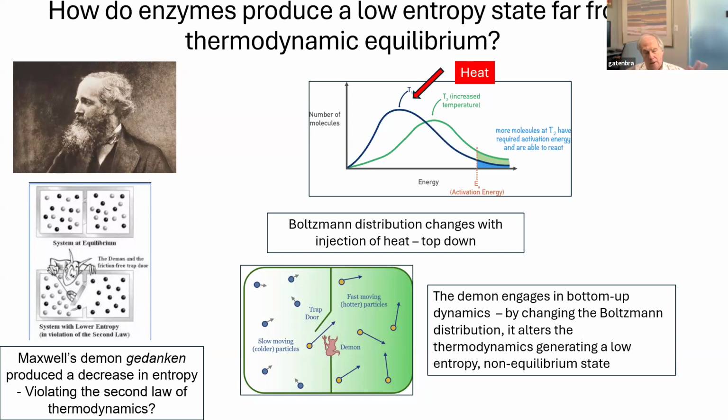Again, not a violation at all of the second law of thermodynamics, but an interesting interaction at the interface of the molecular statistical physics and the thermodynamics. And notice here now, we have the statistically encoded Shannon information acting not on the thermodynamic states, but on the statistically based microscopic states.